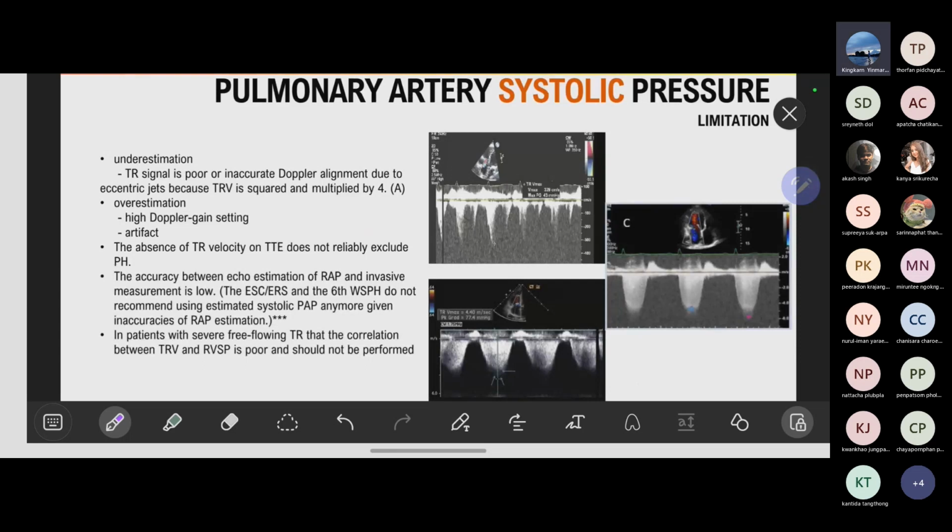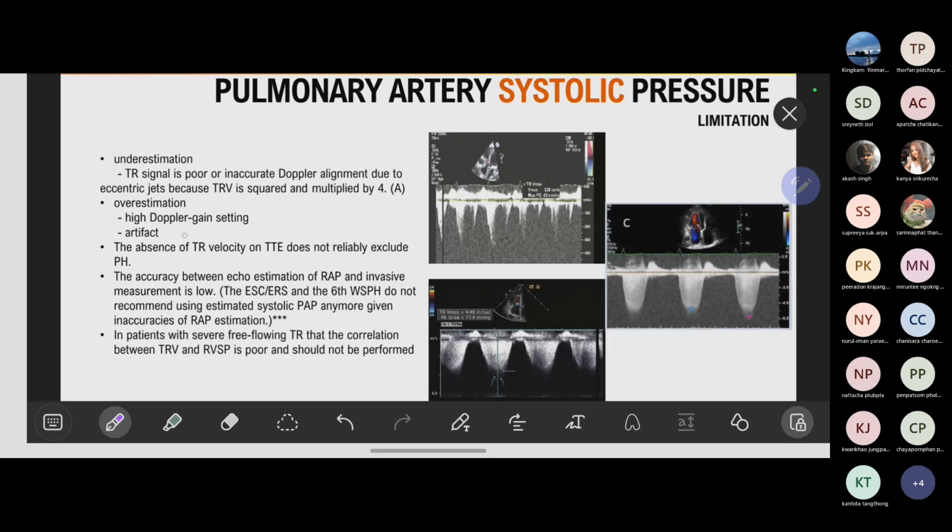And this is the limitation of this method. Measurement of peak TR velocity can result in overestimation and underestimation if the quality of the signal is poor.